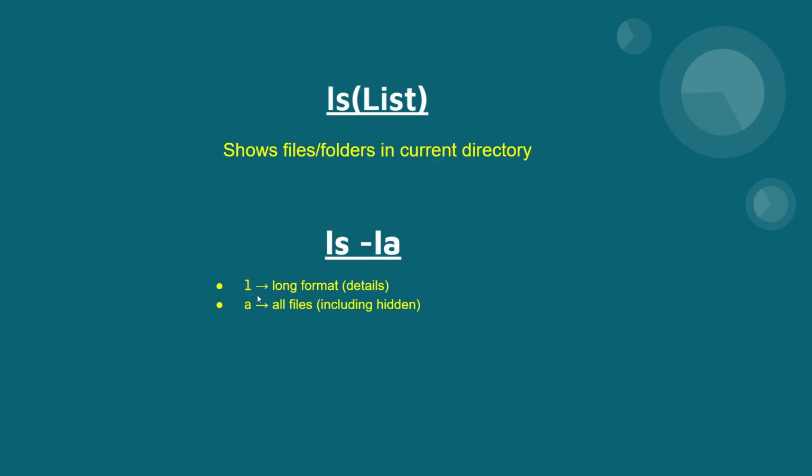L means it will show in long format. That means all the details, like when the files or folders have been created, what the permissions for those files and folders are, everything. And a means all files, including hidden. So when you type ls, it will only show those files and folders which are not hidden. But with the a tag, it will also display the hidden files and folders.